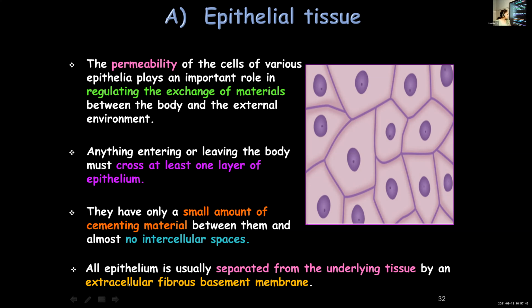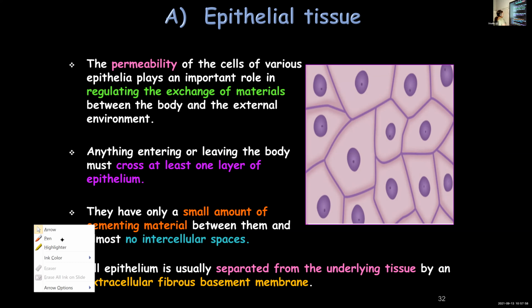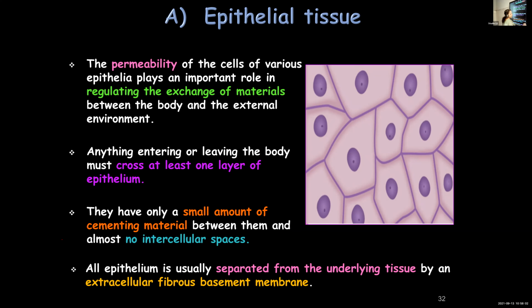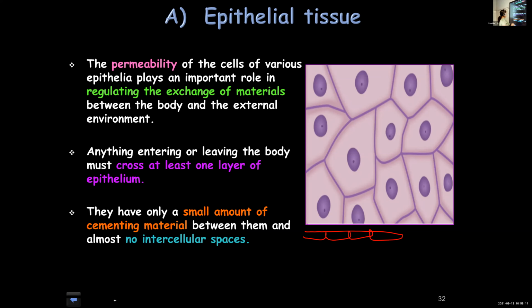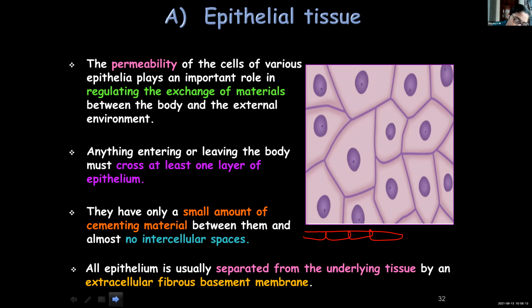Epithelium is usually separated from the underlying tissues by an extracellular fibrous basement membrane. So that point I'll make it clear. See children, you know that epithelial tissue is the outermost tissue. Epithelial tissue is the outermost layer. So beneath that layer, other cells are there.